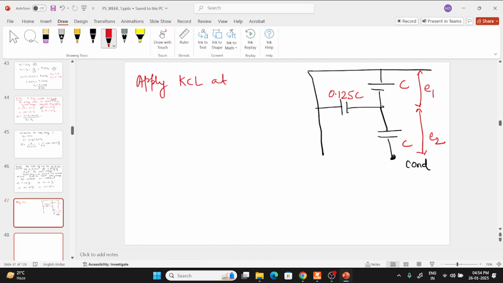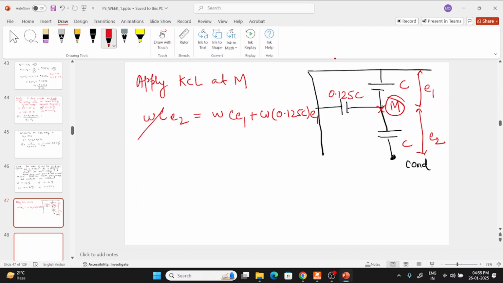Apply KCL at, let's say this is M, at M. So what will happen here is omega C E2 is equal to omega C E1 plus omega 0.125 C E1.